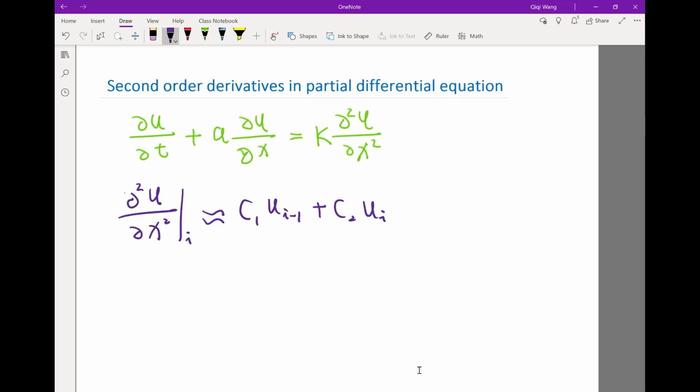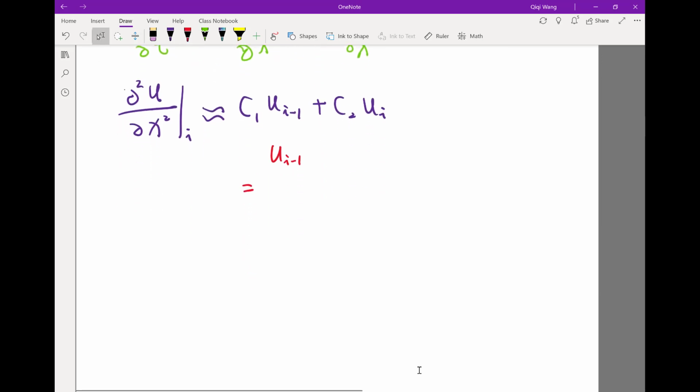How do we start? We're going to be writing Taylor series. u_{i-1} is going to be equal to, let me write the equal sign a little bit further, since later I'm going to add C1. u_{i-1} is equal to u_i minus the first order derivative, let me write the derivative out, at i, times what?